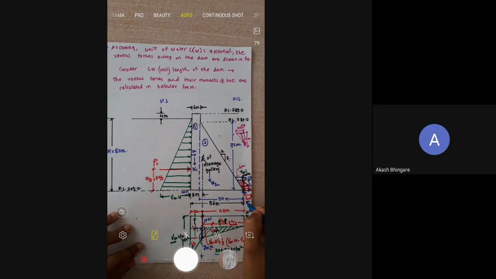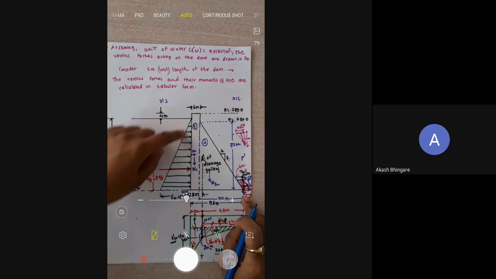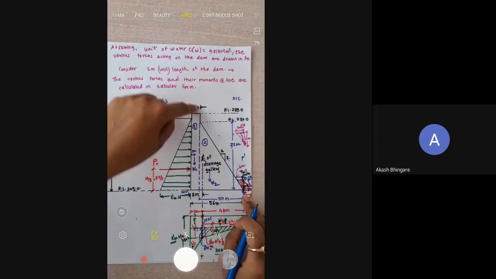So again this force is in the horizontal direction. Here we have used the notation P for hydrostatic pressure on the upstream side. Similarly, we will use notation P dash for this force in the horizontal direction on the tail side or downstream side. Right? So simply we have to write down the area under this figure for the upstream side and for the downstream side.